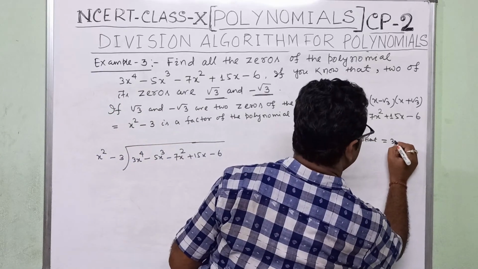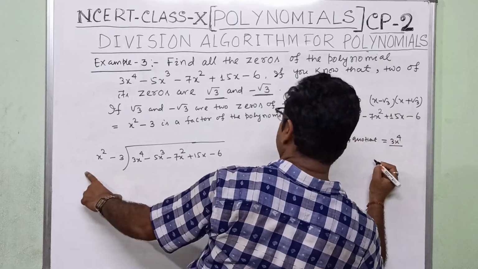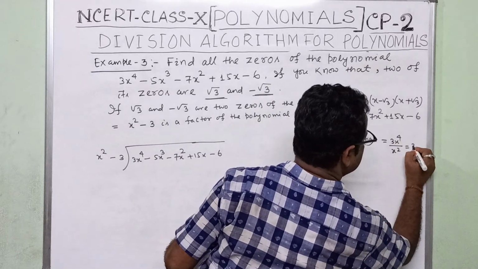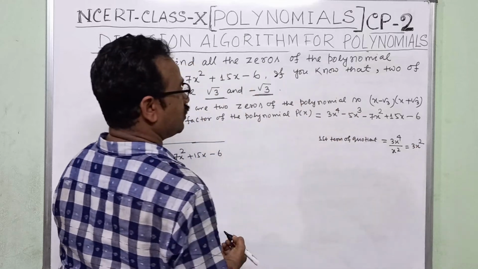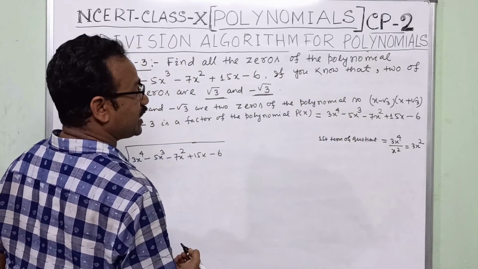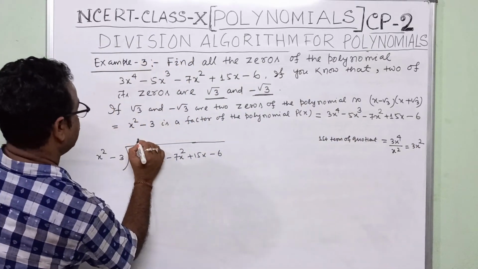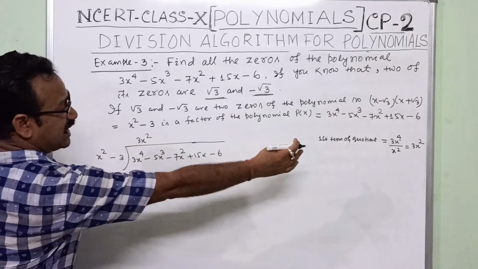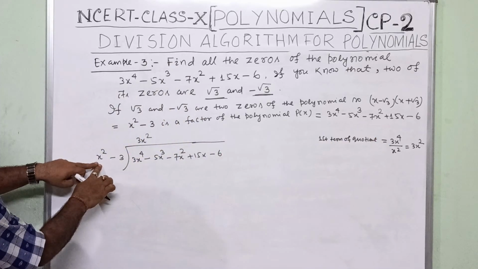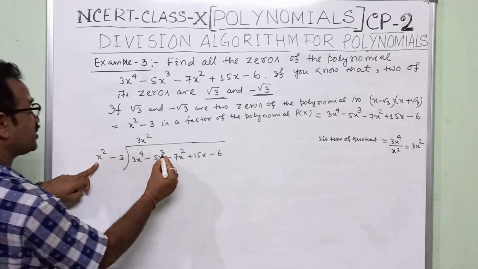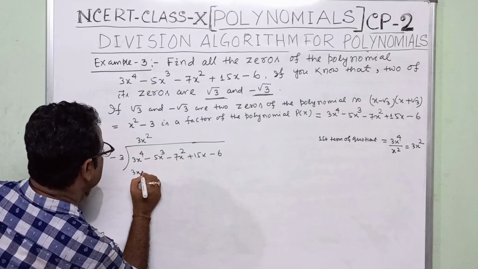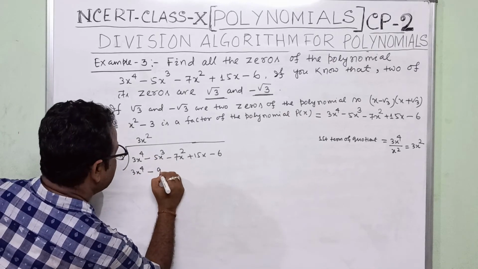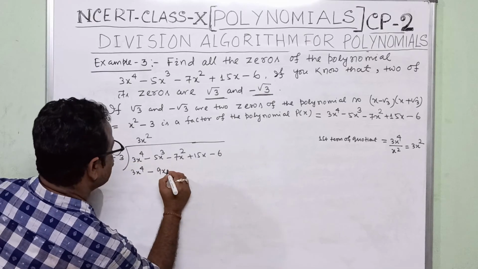So 3x to the power 4 by x square is equal to 3x square. You are getting 3x square. Now that 3x square will be multiplied by x square minus 3. So that comes 3x to the power 4 minus 9x square.